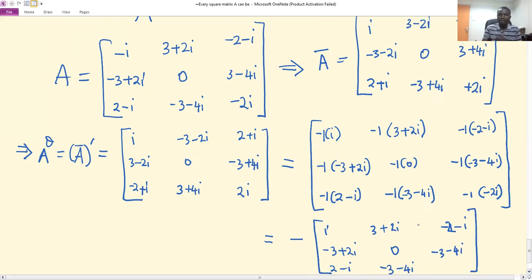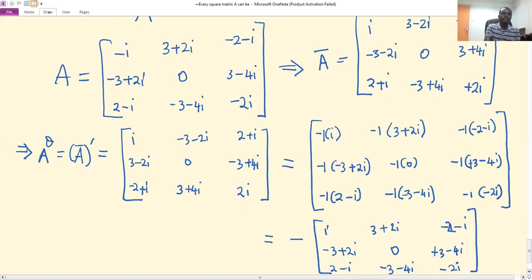I remember when I factored those, the signs change, so this will be positive. And then here I have minus 2i.